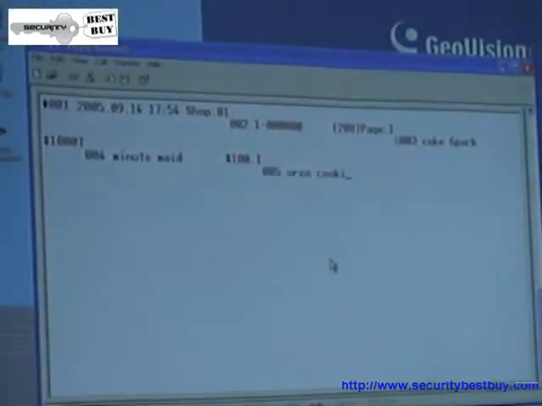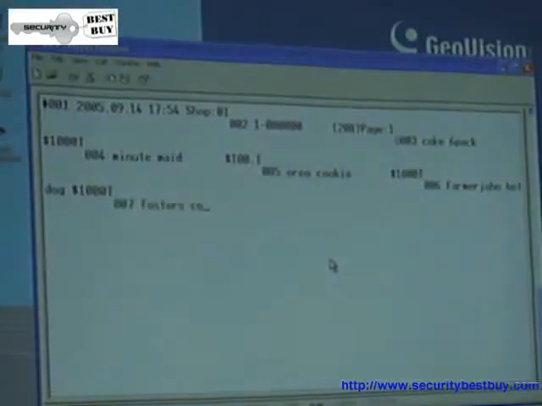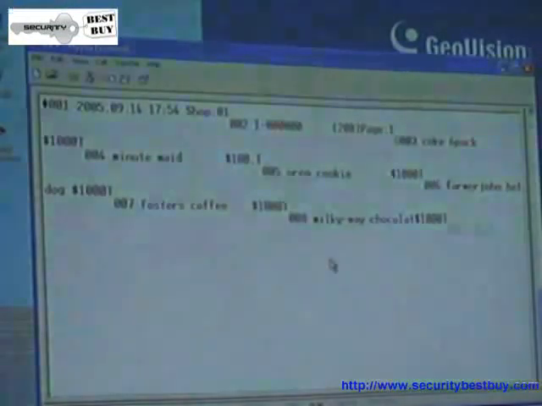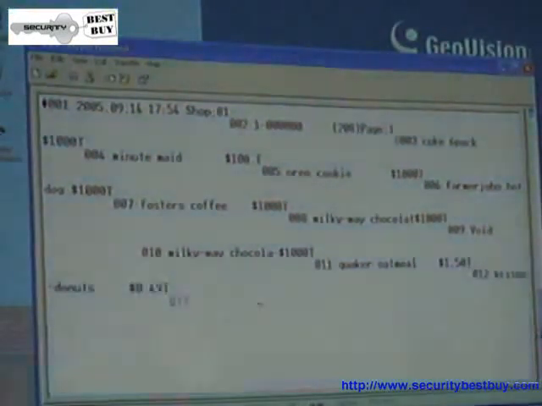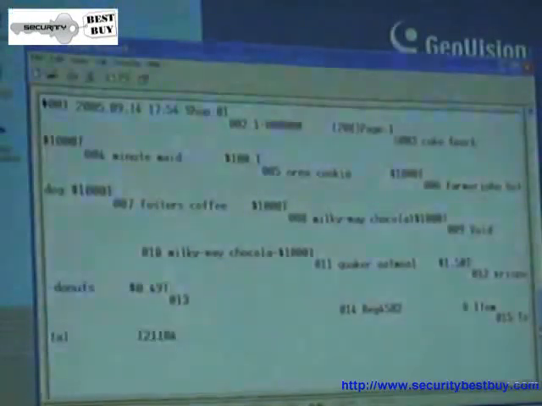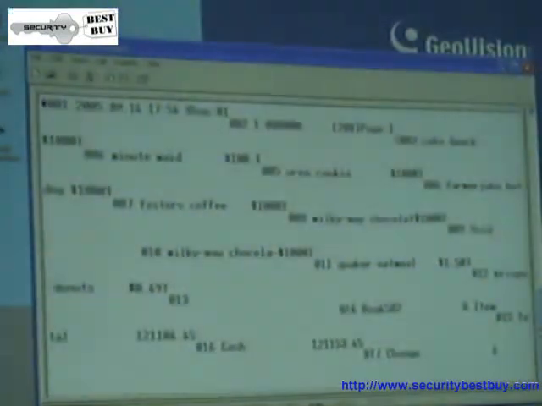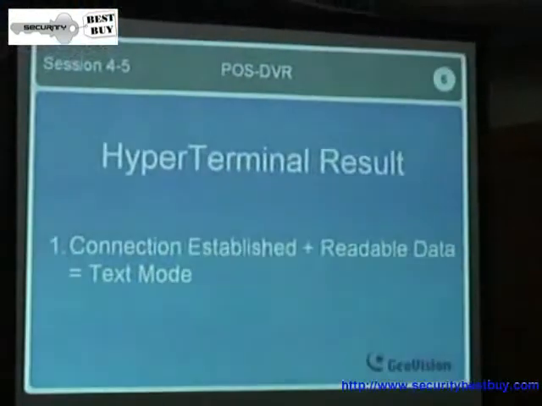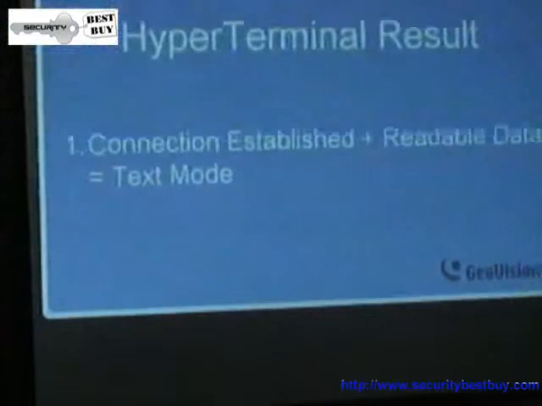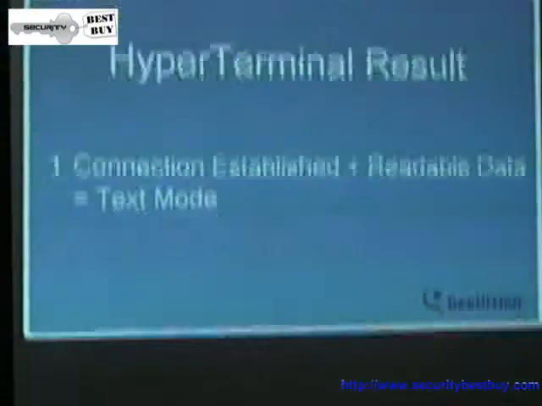And as you can see, strings like Coke, 6-pack, Minimite, things like that, Oreo cookies. This tells you that you have a text mode POS system. So if your HyperTerminal has the following result, it's telling you that you have a text mode POS.